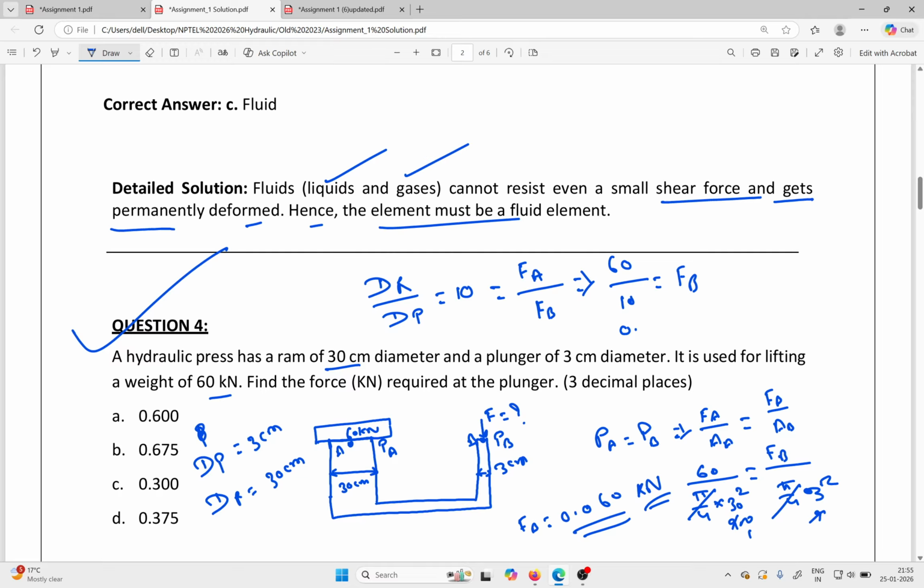30 and this is the 10 times less. No, it is 100 times. Remember, please. That is 10 square.